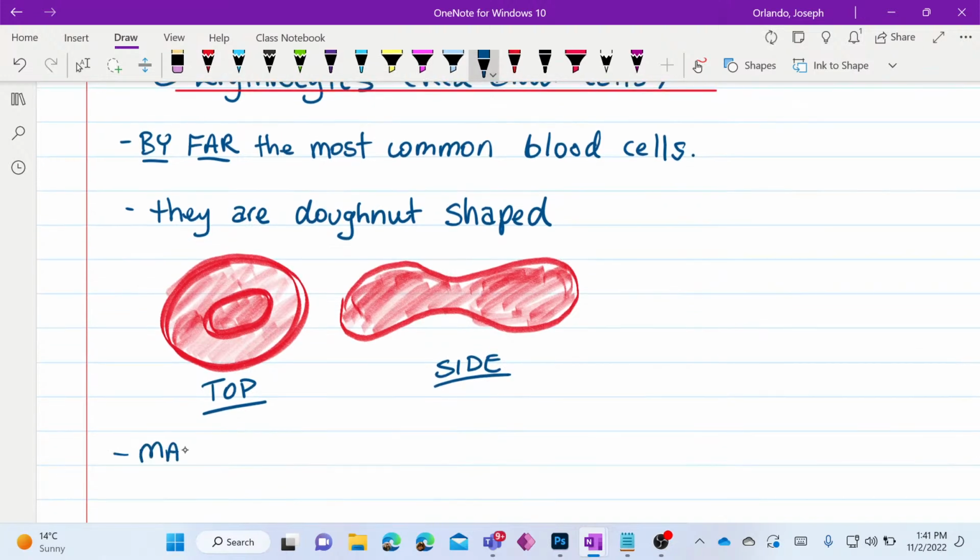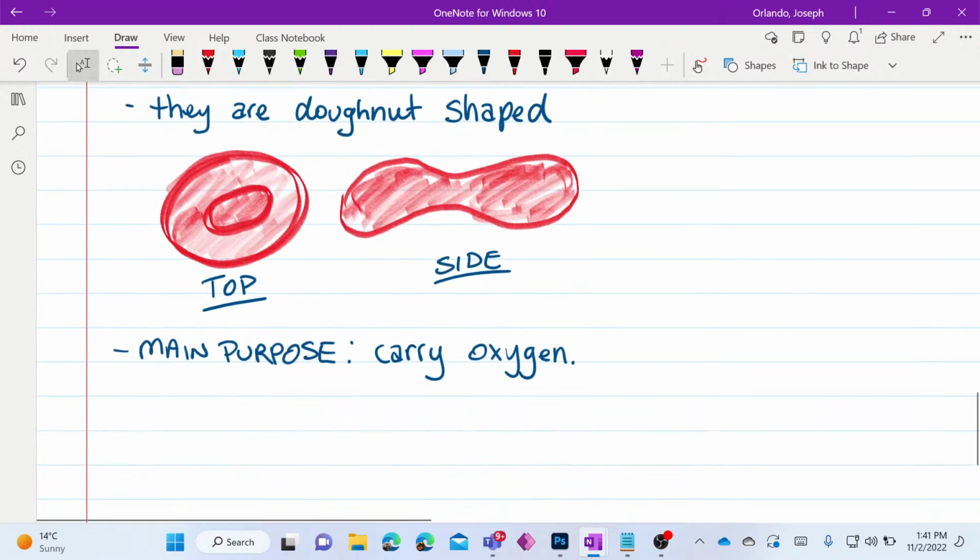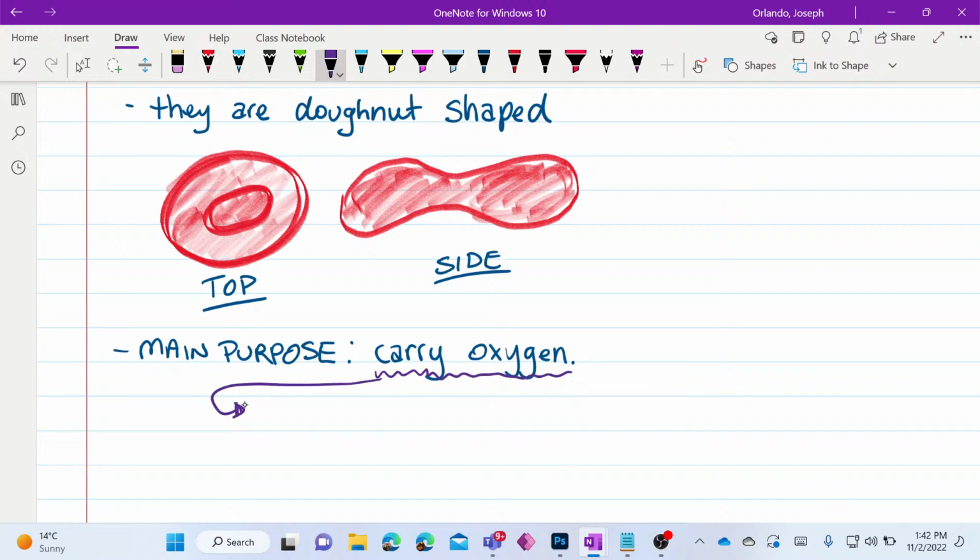Their main purpose is to carry oxygen. All right, and like we said, what allows them to carry oxygen is the molecule hemoglobin.